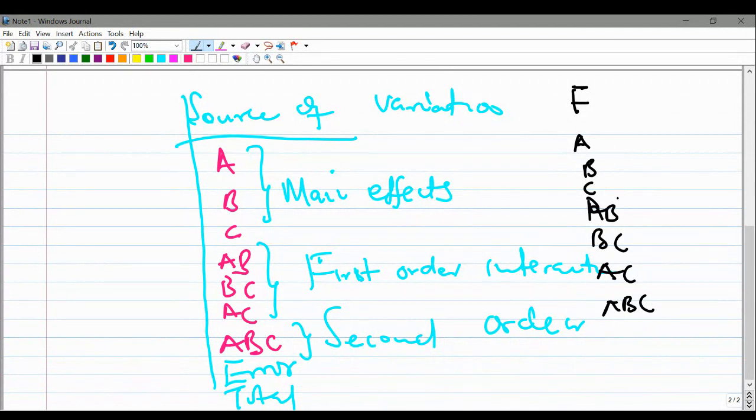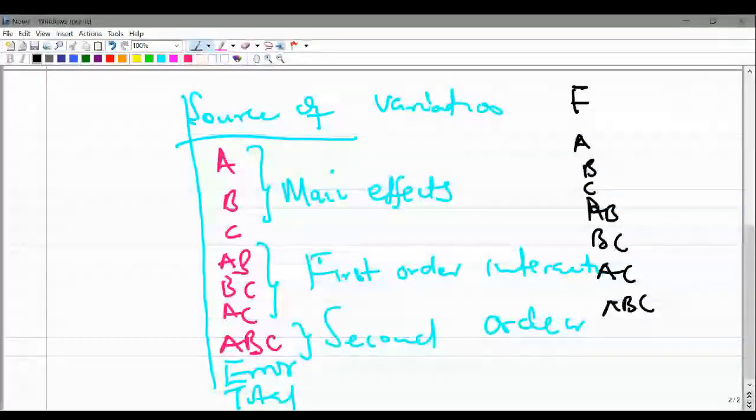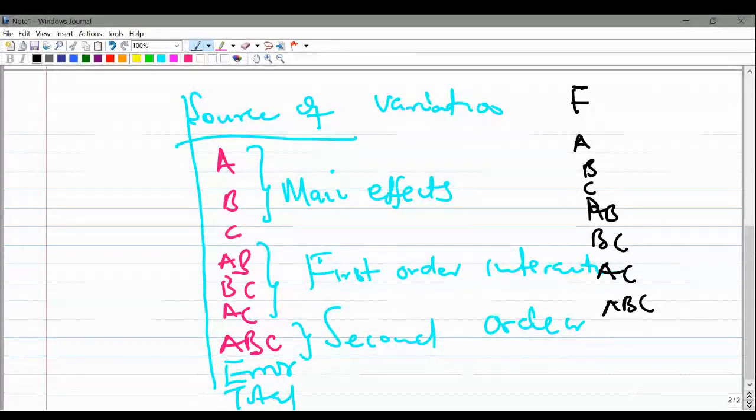But if you are asked to test for second order interaction, which one are you going to test? ABC.